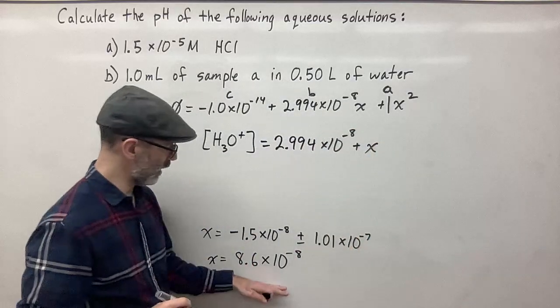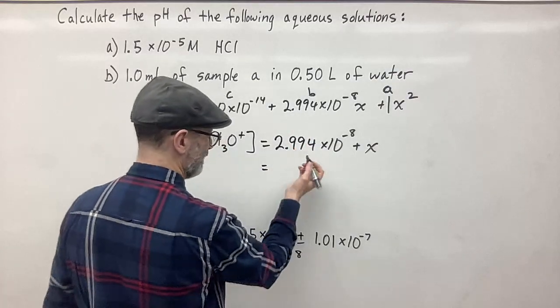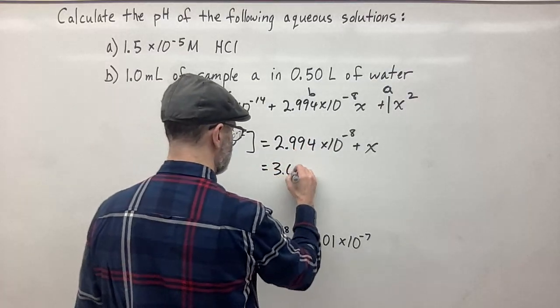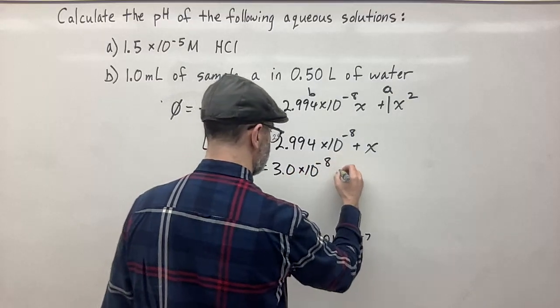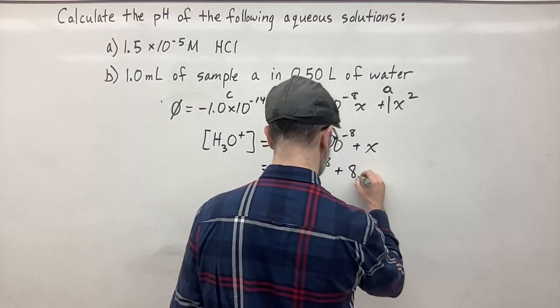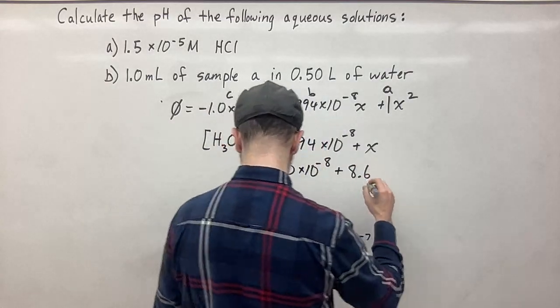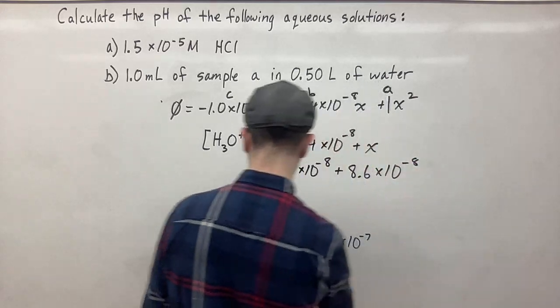Well, we just found x, so that's going to be equal to, if we round this to 3, 3.0 times 10 to the negative 8 plus 8.6 times 10 to the negative 8.